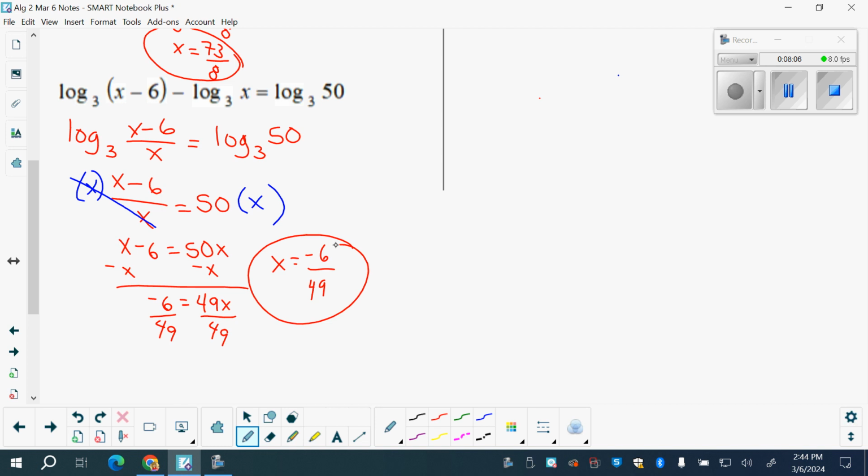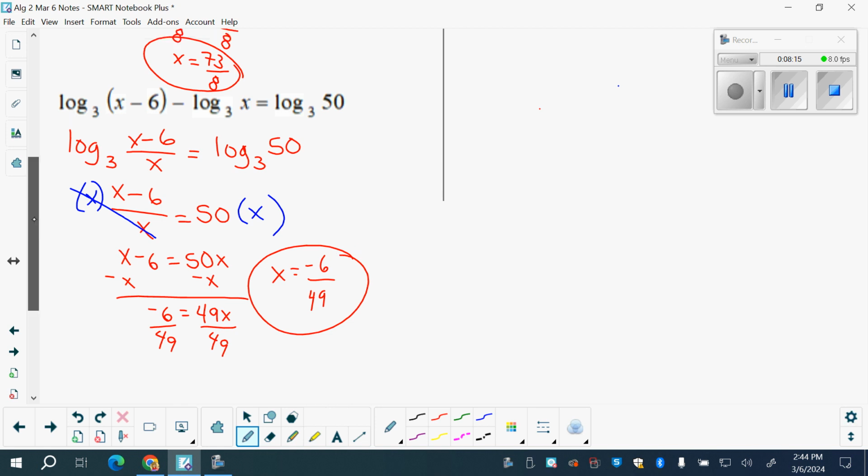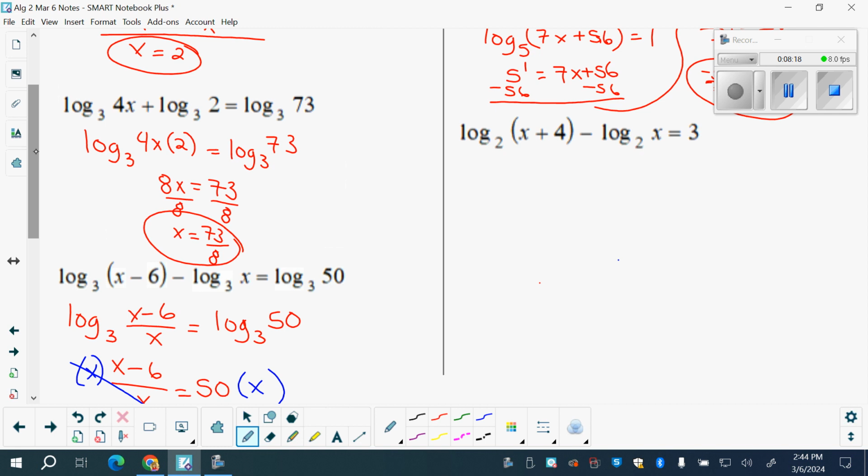Okay, I'm going to do one more. The second one on the right. So what would be my first step on this one? So we're going to make it one log, right? So log base 2 of x plus 4, subtraction means division, so divided by x equals 3.